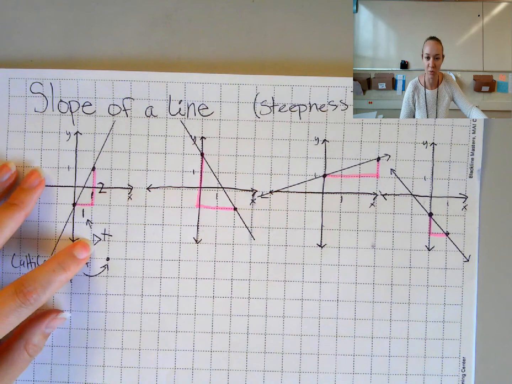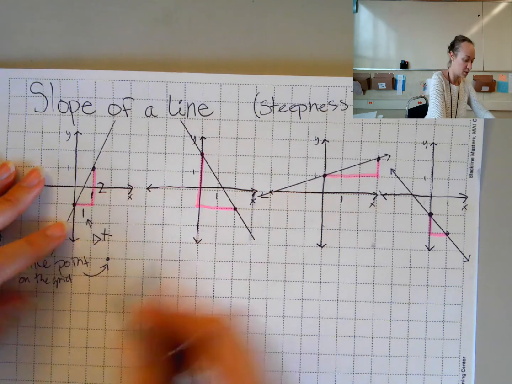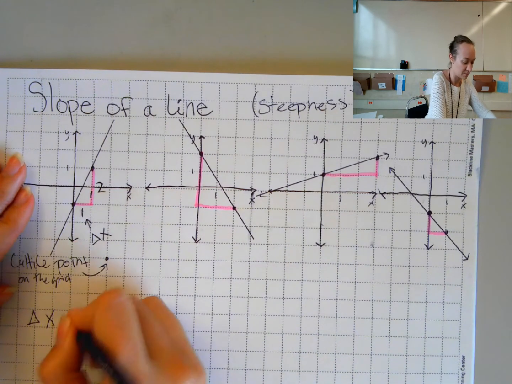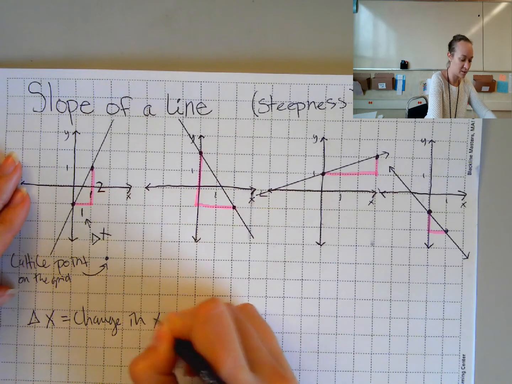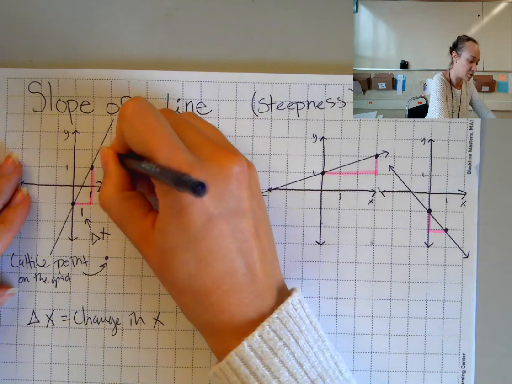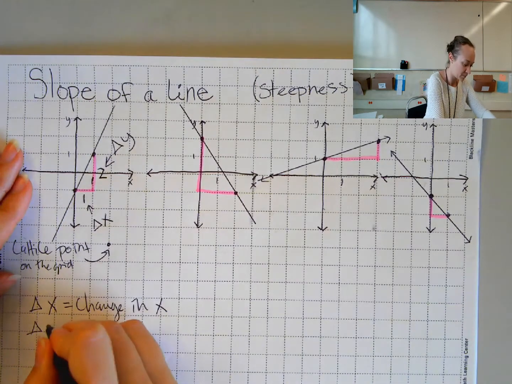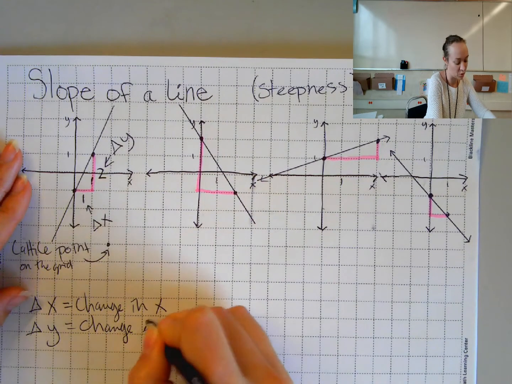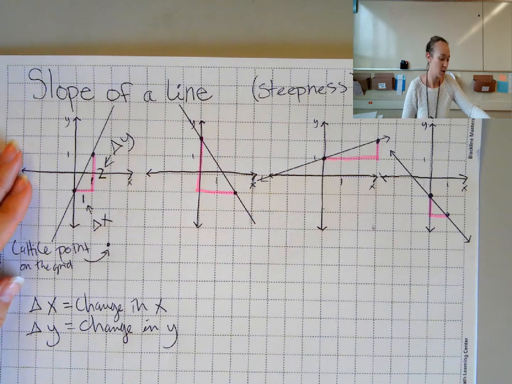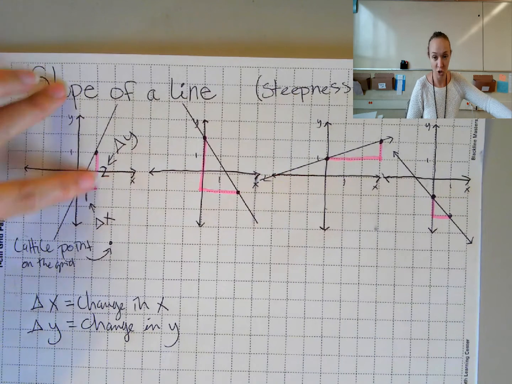The triangle is the Greek letter delta, and we write it with a triangle, and that just means change. So delta x means change in x, and delta y is the change in y. Okay?